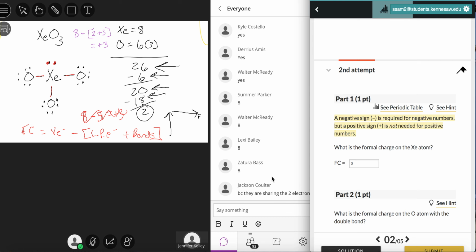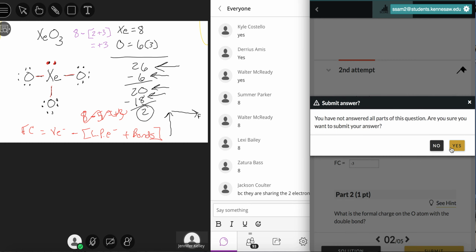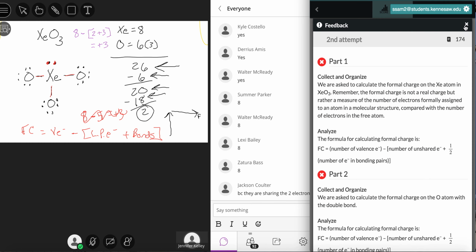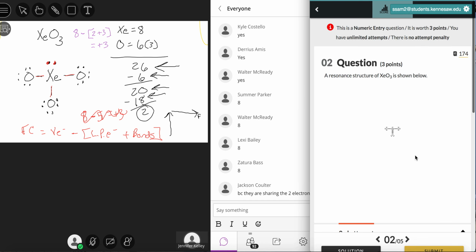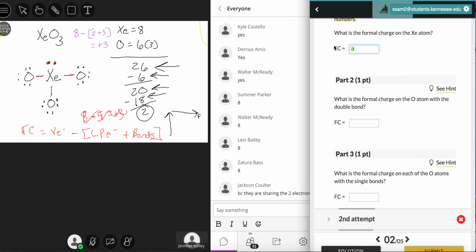Correct, yes. So we're just kind of splitting the bond and saying, okay, each line is 2 electrons, but since we're trying to calculate formal charge, which is sort of an imaginary thing, we're kind of breaking it. We're not really breaking a bond, but we're saying one of those electrons belongs to oxygen and one of them belongs to xenon. That's not really true because they share them, but just for this purpose, that's what we do there.